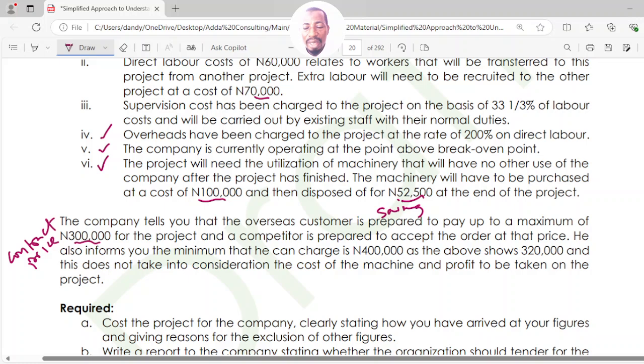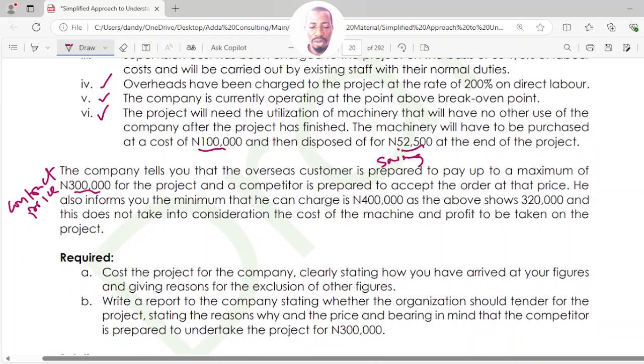But knowing fully well that the competitors of the company are willing and ready to accept the contract at 300,000 naira, this information has nothing to do with our calculation, but when you are writing your report, you should mention it.